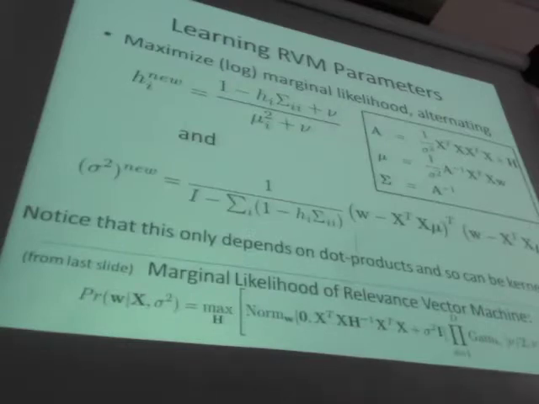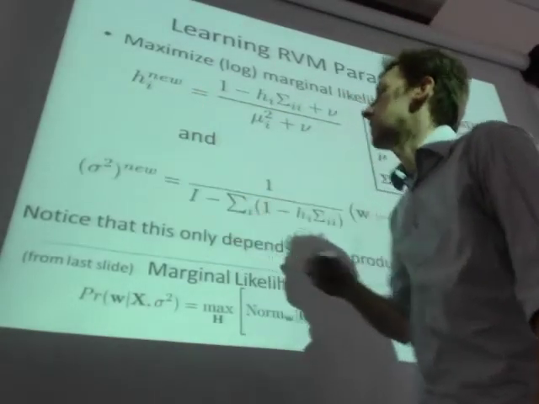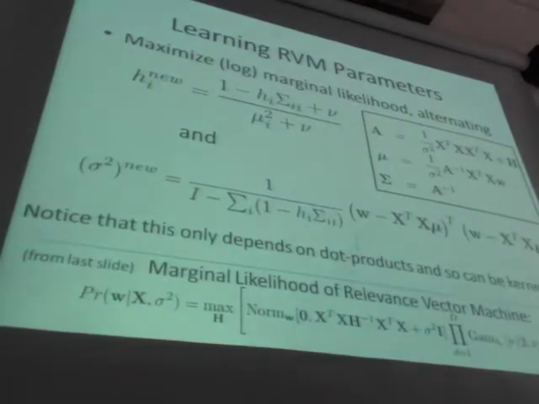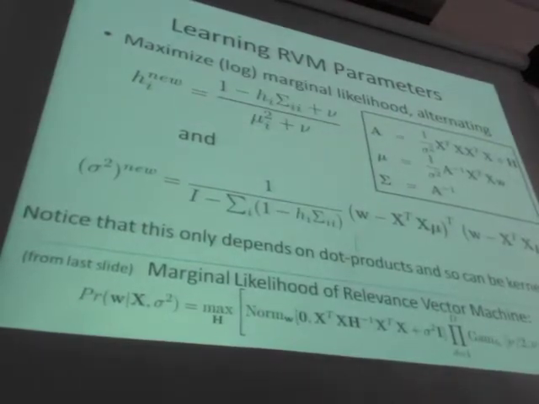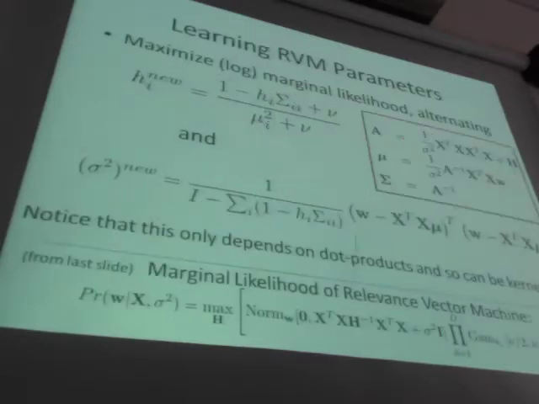All right. So if you're looking at the RVM parameters and you're seeing, okay, these are the update equations for our hidden parameters and our variances, right? I'm going to flash backward to what it looked like when we were doing the sparse linear regression model. And you should see that they're not very different.